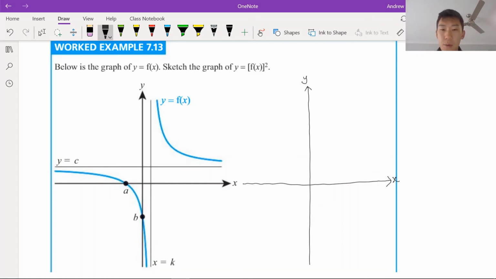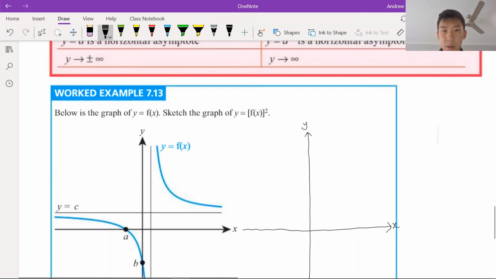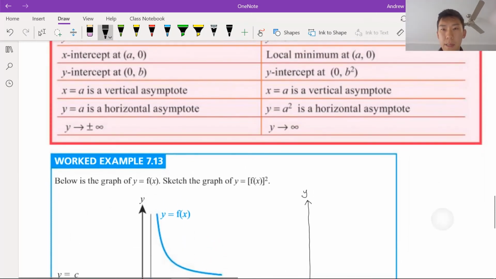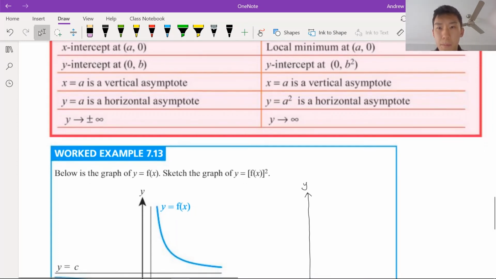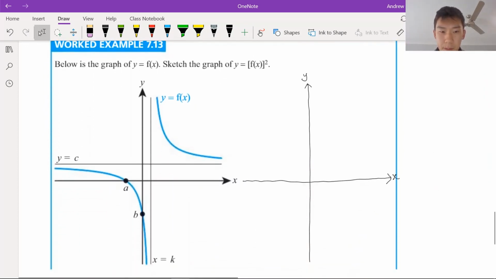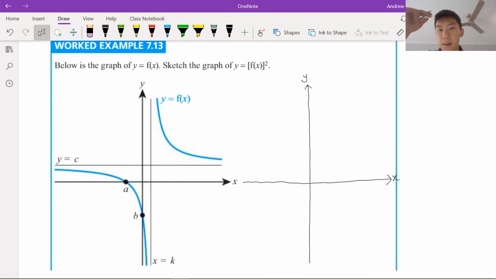Just like the reciprocal function, let's start with the asymptotes and intercepts. So let's remind ourselves. If the original function has an x-intercept, then that intercept becomes a local minimum, because anything under the x-axis will reflect upwards, right?